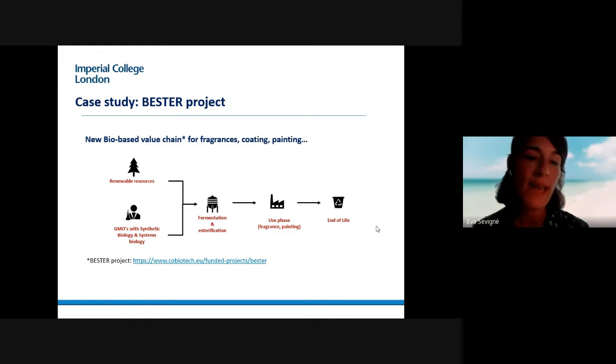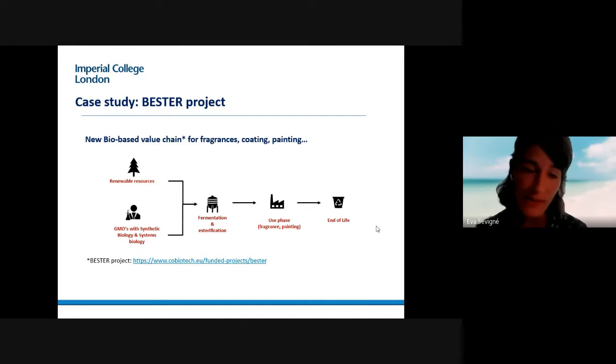The BESTER project aimed to produce butyl esters, a specific type of chemicals that are used in the production of fragrances and paintings mostly, but they can be used in other processes. The idea was to develop new butyl esters from renewable resources, in this case from forestry resources, and by using bacteria that were genetically modified, using synthetic biology and systems biology, to produce these butyl esters.